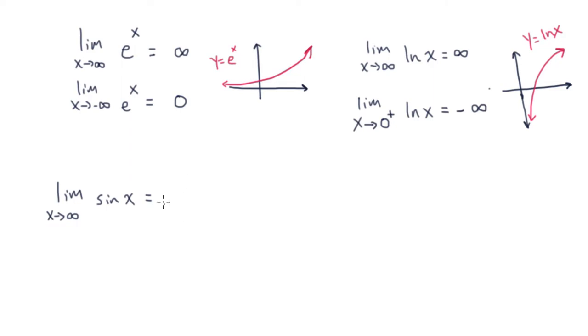So this limit really does not exist. And that's going to be the same whether this is plus or minus infinity. And it's also going to be the same for cosine, because cosine also oscillates indefinitely between 1 and minus 1.